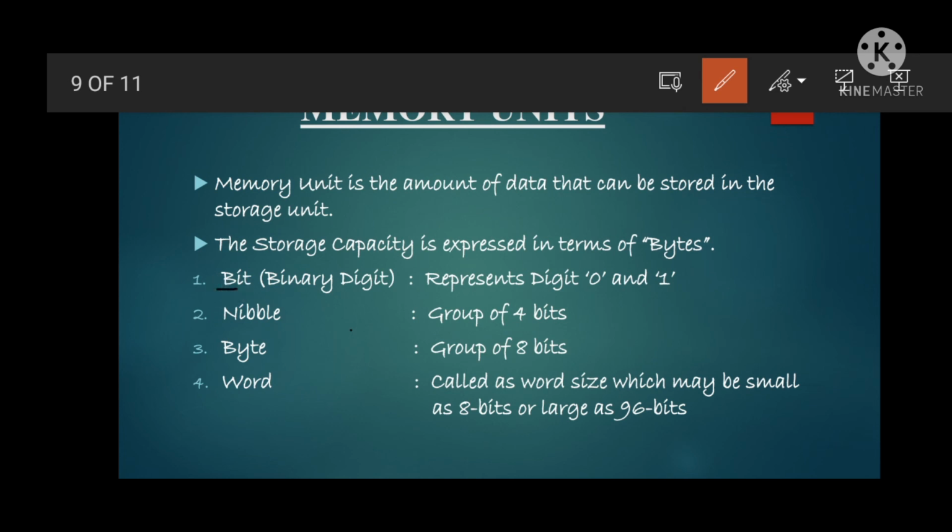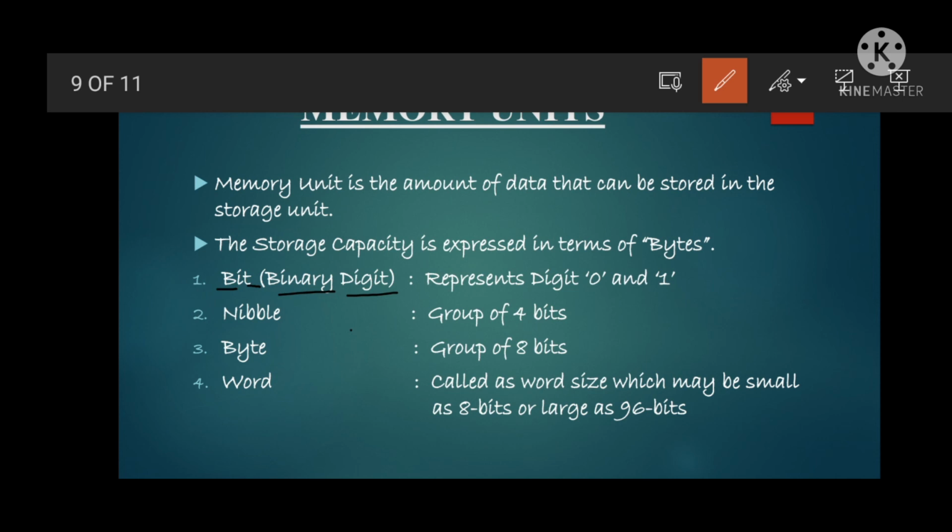Bi stands for binary and t stands for digit, so in combination we call it binary digit. The computer understands just the binary language, which represents digits in the form of zeros and ones. Whatever data you give to the computer is translated into zeros and ones.